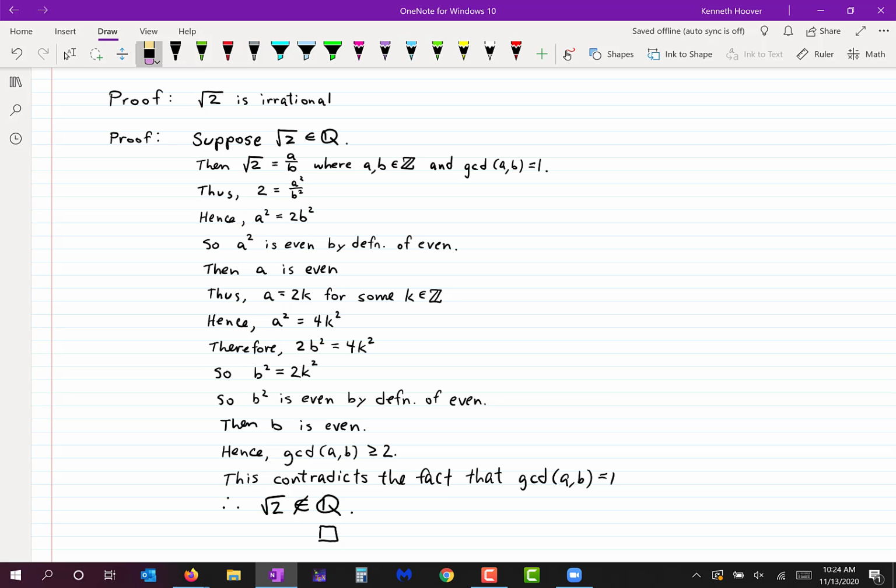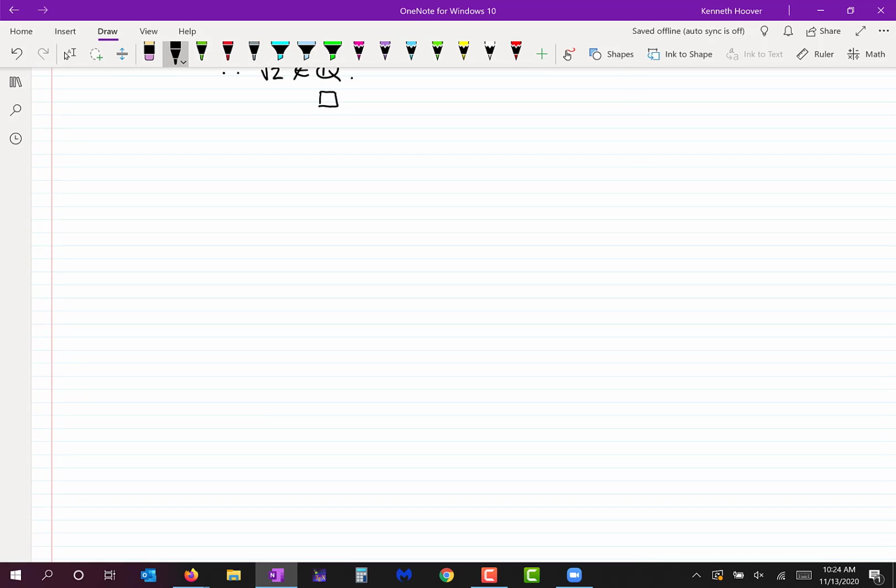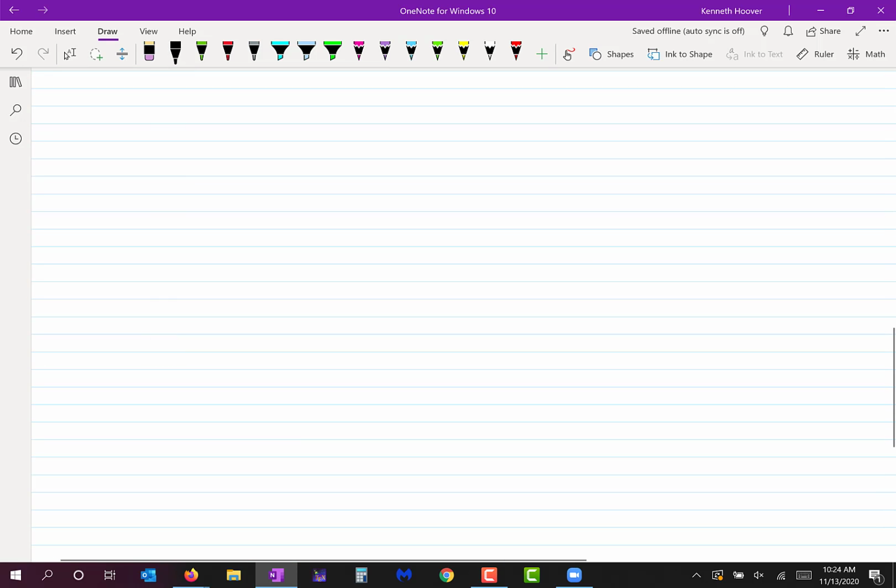Okay, here's another example from Leonhard Euler. The proposition is there are infinitely many primes.